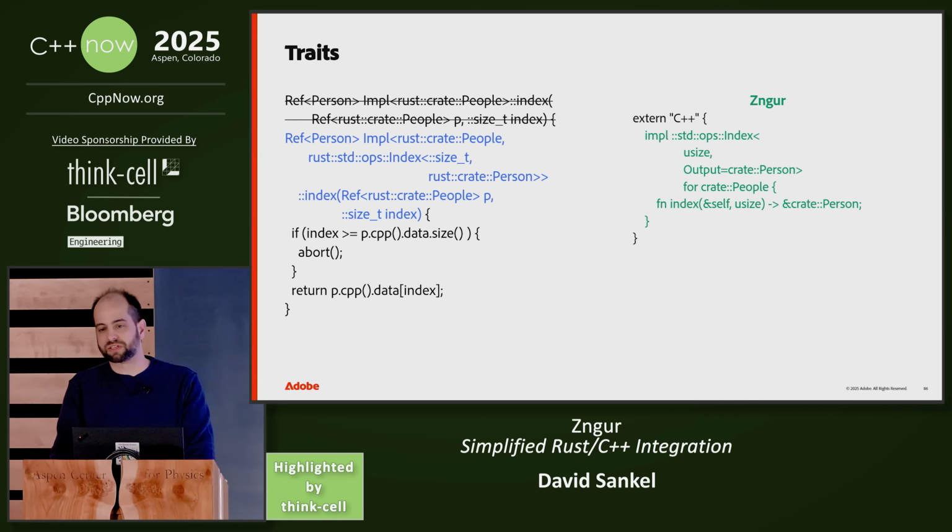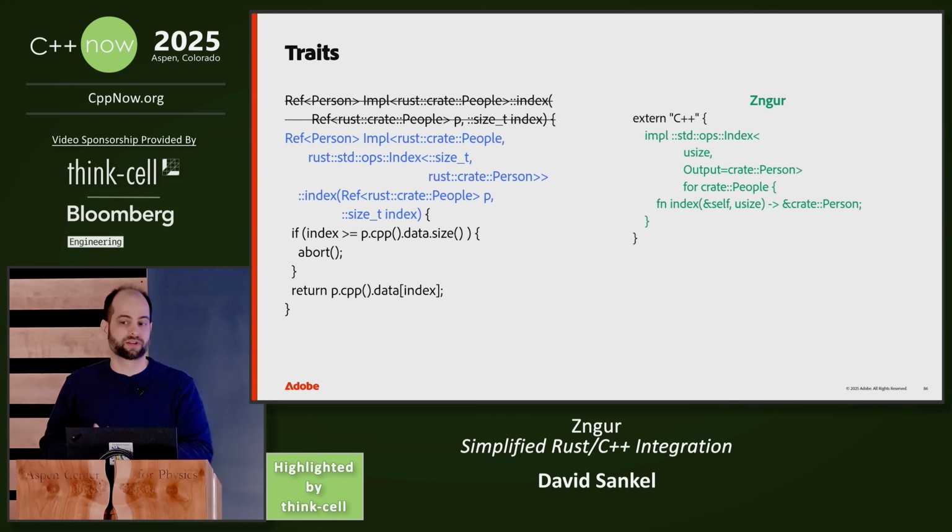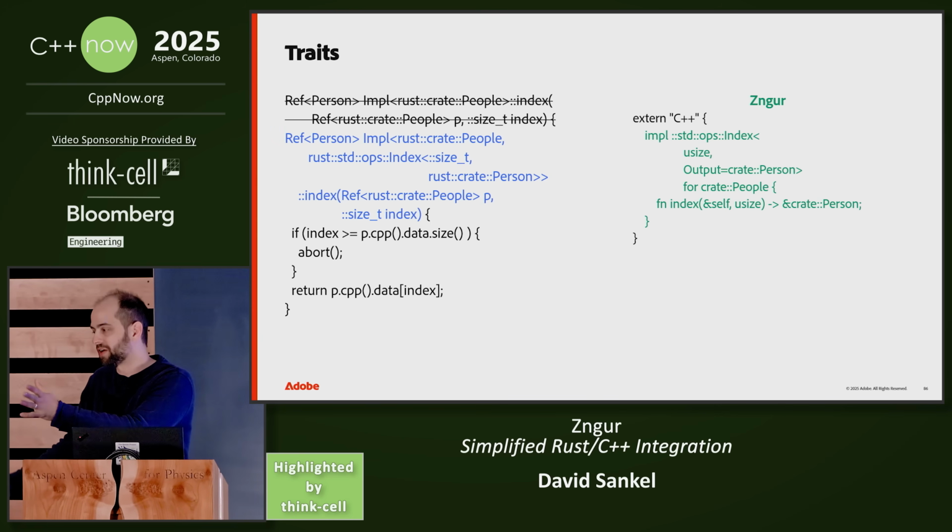However, that isn't going to be sufficient always, because the type system in Rust is open-ended, right? I could want a Rust tuple of these things, or I could want a vector of this type or that other type. And so in some sense, you need to know what you're going to be using in C++ in order to be able to know what goes in the Zngur file. Even if you say I want to use everything in this crate, that's actually open-ended, right? Because there's an infinite number of types you can derive from that.